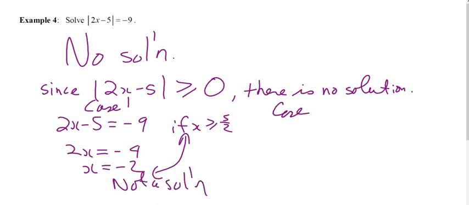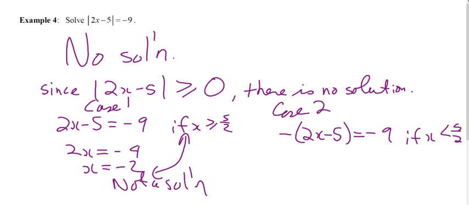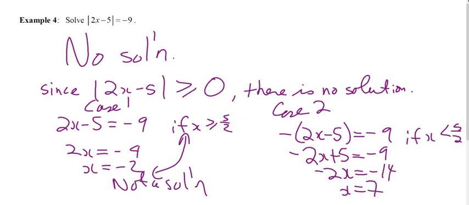Similarly, case 2 would be the negative of 2x minus 5 equals negative 9 if x is less than 5 halves. So here we go, negative 2x plus 5 is equal to negative 9. Negative 2x equals negative 14. X is equal to 7. Right?